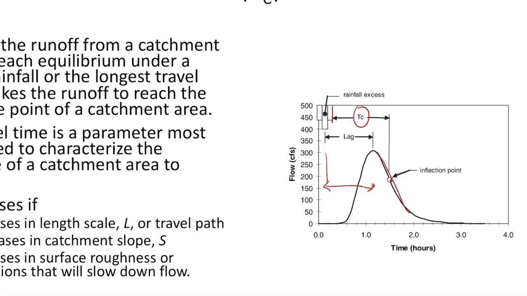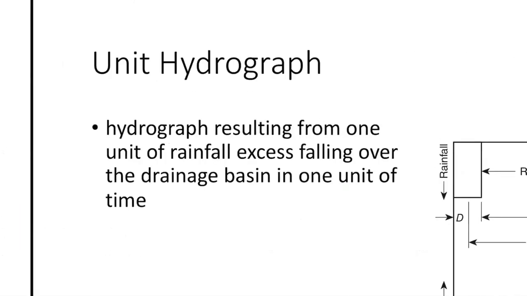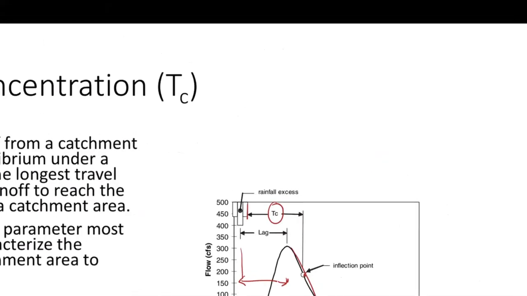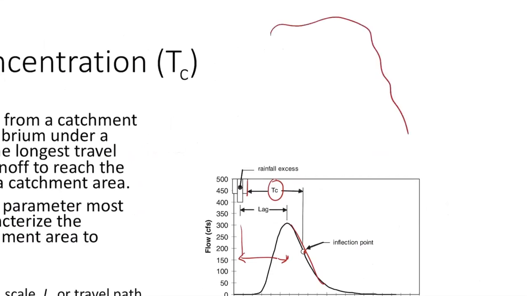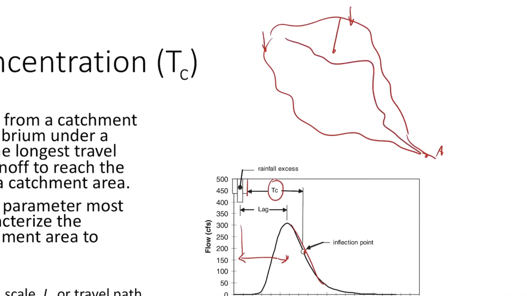For instance, let me make a simple graph. Let's say this is a watershed area, and you are collecting water at this point. When a raindrop happens, it can fall at any location. I'm just saying this is how water flows, and I'm making different tributaries and all that stuff.